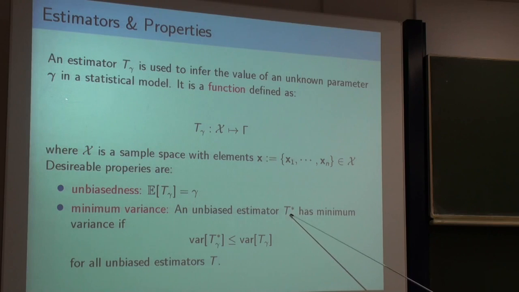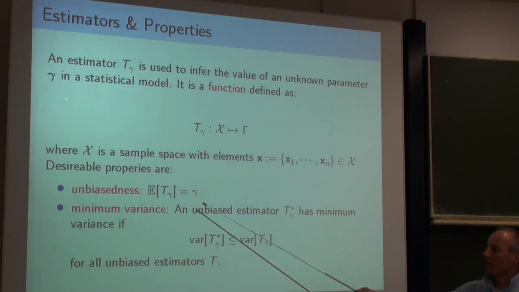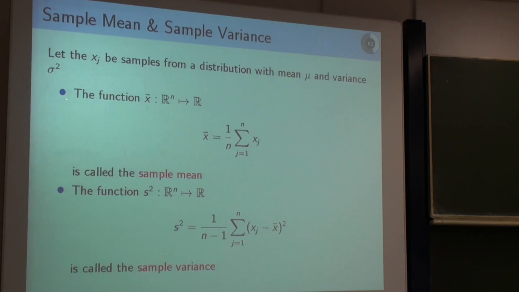So such an estimator, T gamma star, has minimum variance if the variance of this estimator for the parameter gamma is less than or equal to the variance of any other unbiased estimator. Of course, from this point on we talk about unbiased estimators, and then we can ask how large is the variance of it.